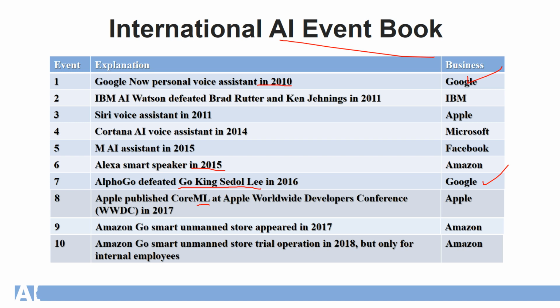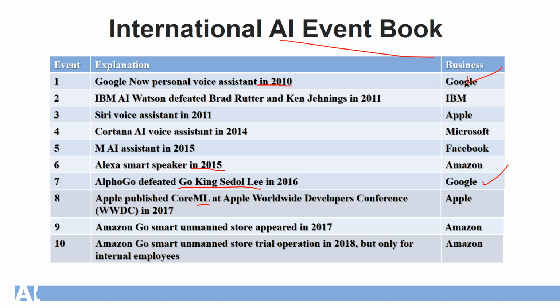Okay, a smart unmanned store. And have you tried the unmanned store in Taiwan? How many of you tried the unmanned store in Taiwan? Is there anyone? Right now it is 7 stores, I think. They call it 7-Eleven.